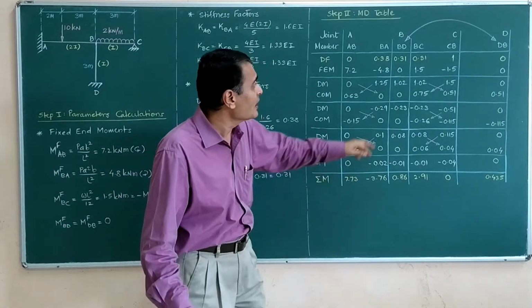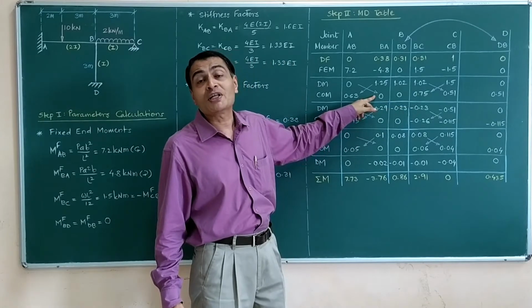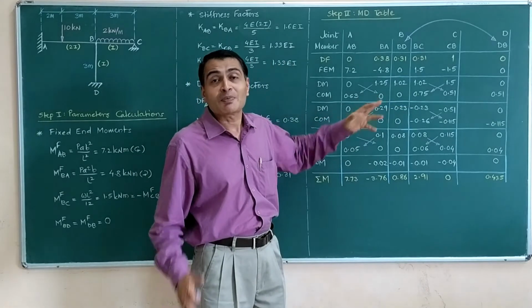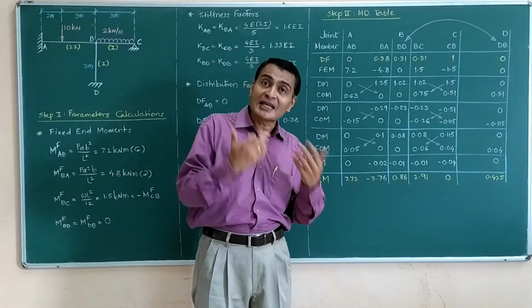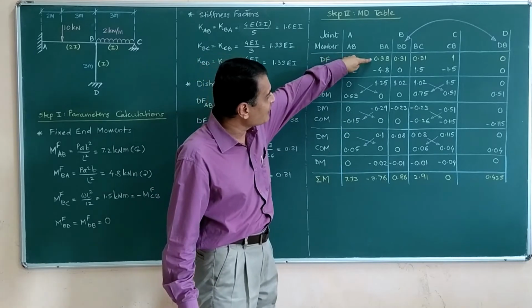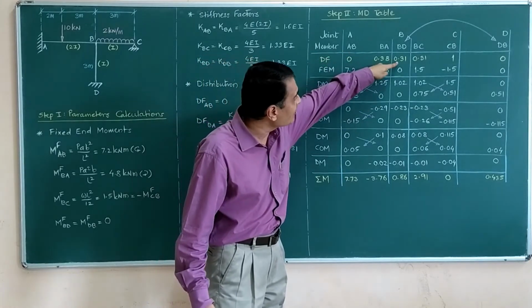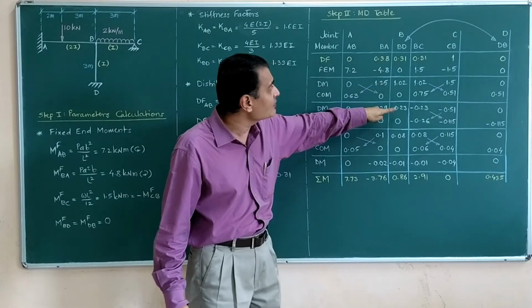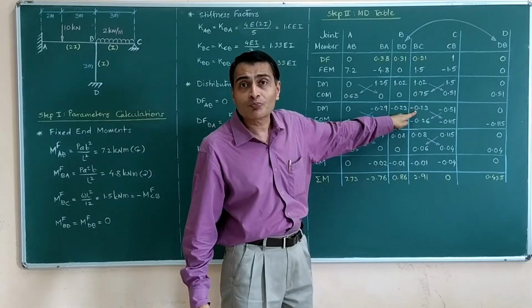Great, let us proceed. Again, this summation should be 0, but it is not 0, it is 0.75. That means there is an imbalance of 0.75. So I apply negative 0.75, which gets distributed as 0.38 into negative 0.75, 0.31 into negative 0.75, 0.31 into negative 0.75.